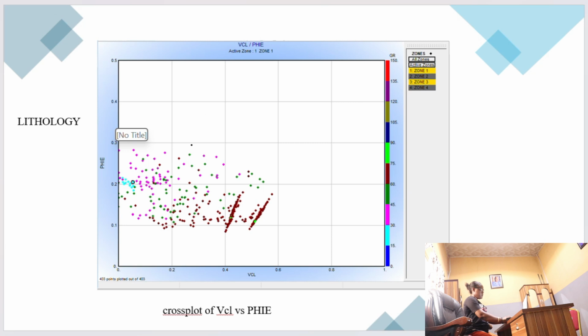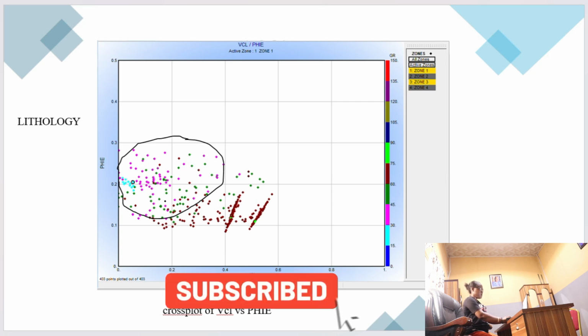Okay, so this area contain our zone 1 and zone 3 because they fall within the gamma ray API values below 60. So now these areas are seen as our zone 1 and zone 3.